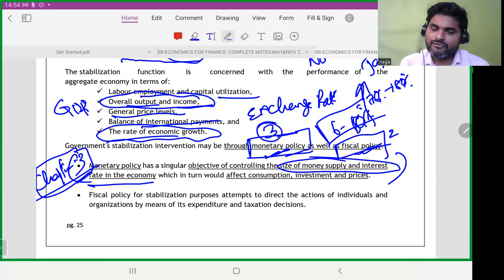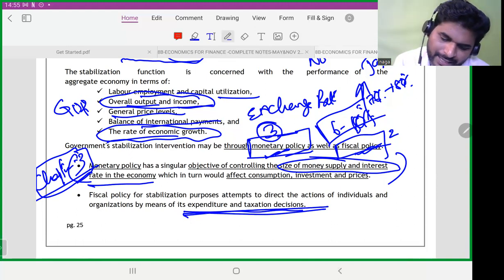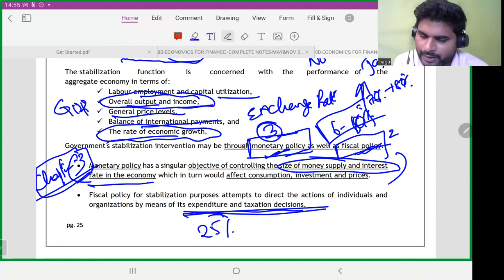Fiscal policy for stabilization measures attempts to direct the actions of individuals and organizations by means of expenditure and taxation decisions of the government. For example, during a slowdown, what does the government do? Reduce the tax rates. Before COVID, there used to be a 30% tax for private companies.